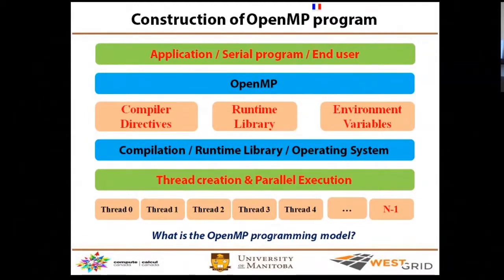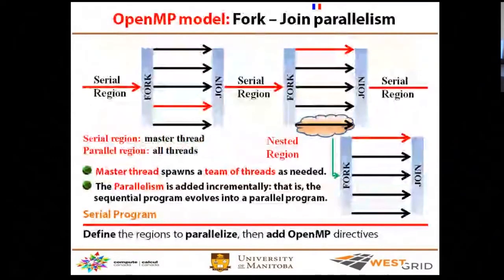Now, what is the OpenMP programming model? How does it work? For OpenMP, we start with a serial program. At some point of the program, if it's possible to run this portion in parallel, you can create threads, which is the fork-join. So at some point, we create threads and run this region in parallel.